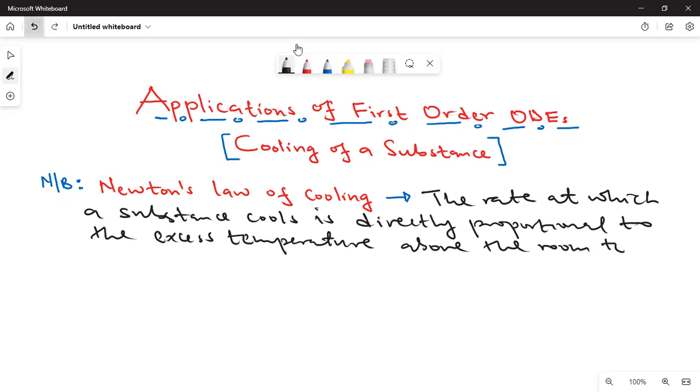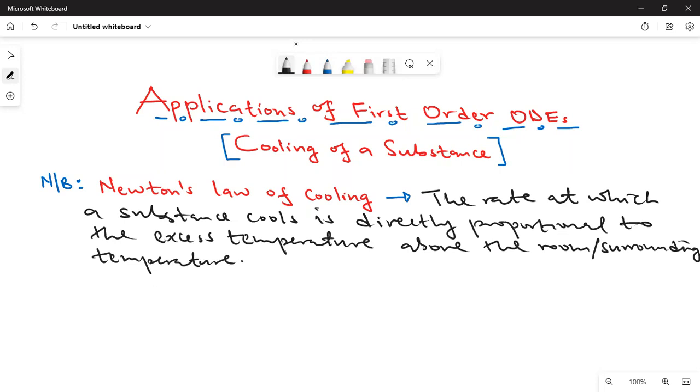It can be room or surrounding temperature. So let me write: above the room or surrounding temperature. So this is the statement of Newton's law of cooling.